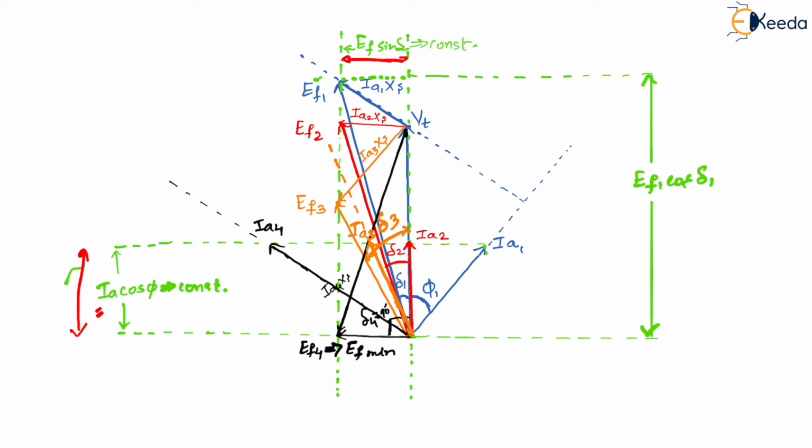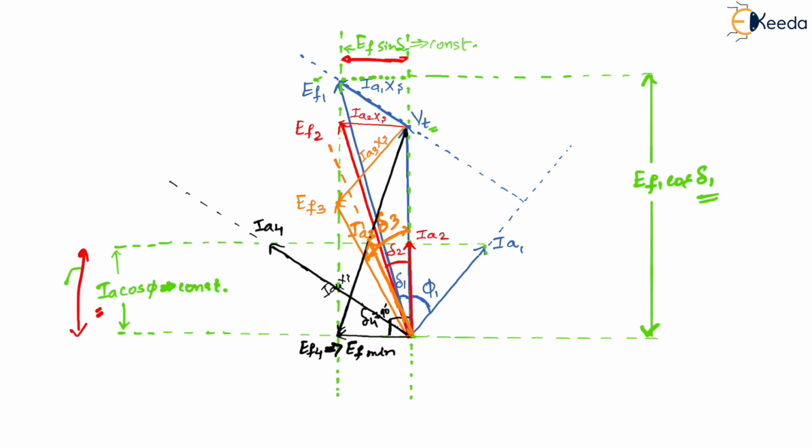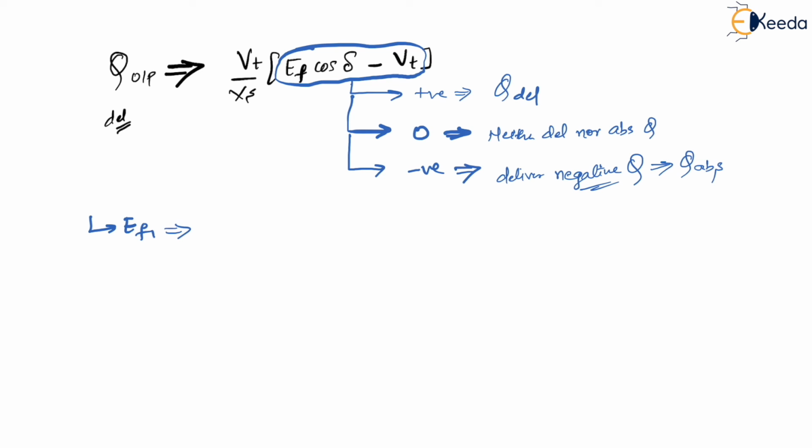From this, if I subtract Vt, what will happen? Vt is less, EF1 cos delta 1 is more. In the first case, EF1 cos delta is more than Vt. Yes, sir.